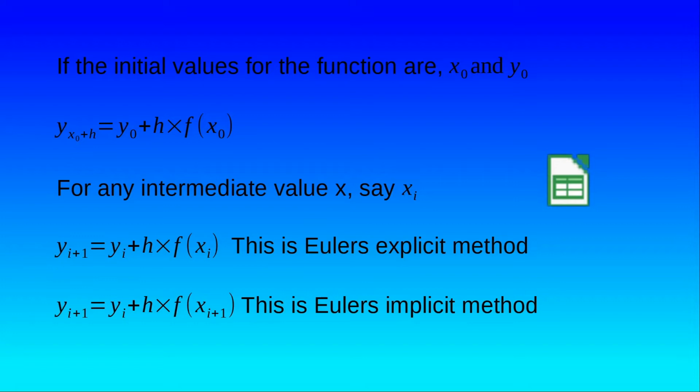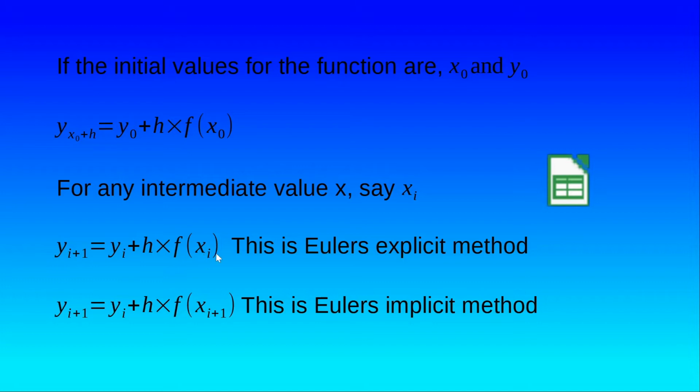So what can we write now? y(x0 + h) = y0 + h f(x0). For any intermediate value of x, let us say xi, we can thus write this equation, which is written on the first line, as y(i+1) = yi + h f(xi).